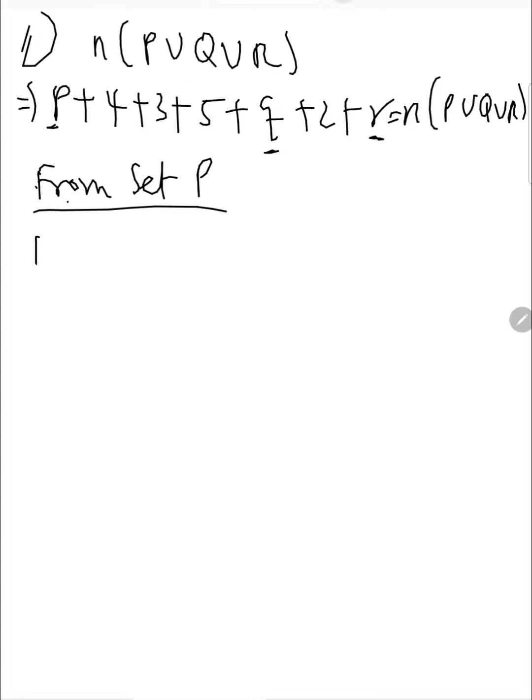I'm talking about all the elements in the circle P. You can see P, 4, 3, and 5 are in the circle P. So when we sum all of them, we must get 20.